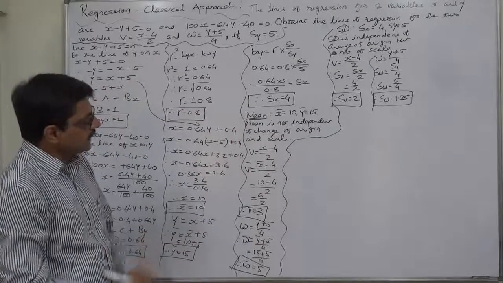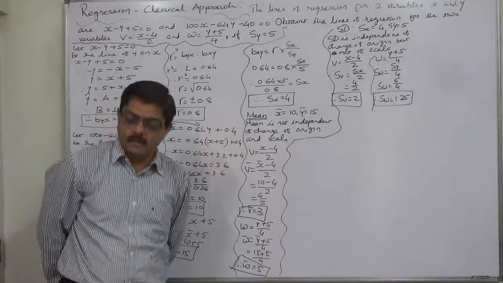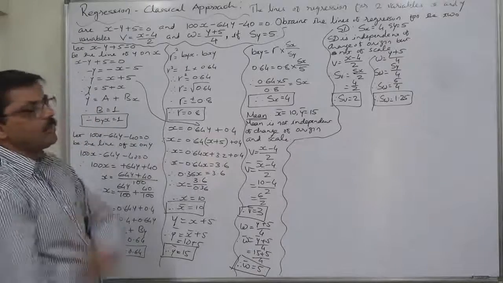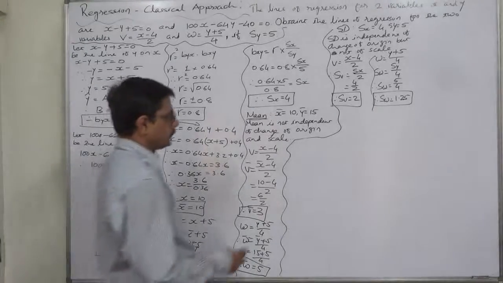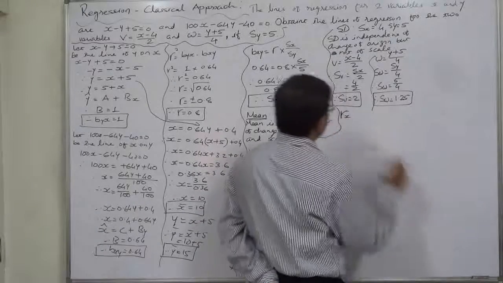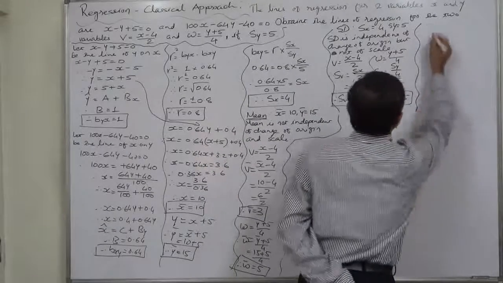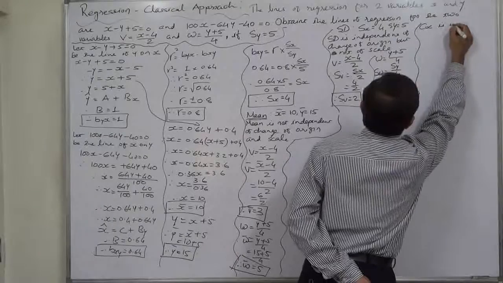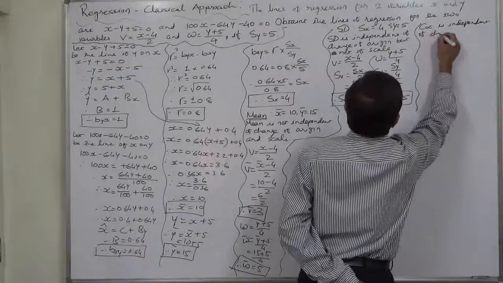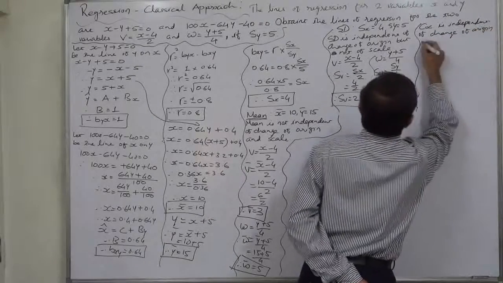Now we have two standard deviations and two means. How can we find the two coefficients of regression of V and W? We should have the coefficient of correlation. Coefficient of correlation is independent of change of origin and scale.